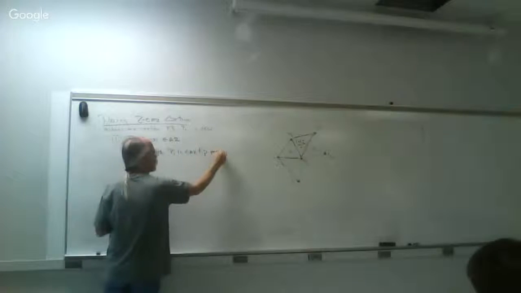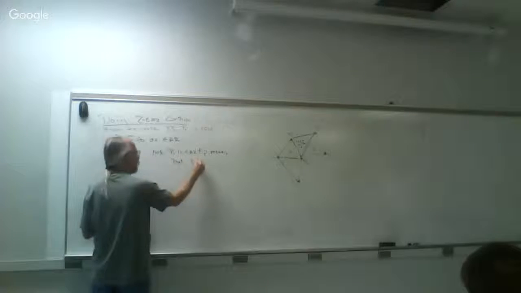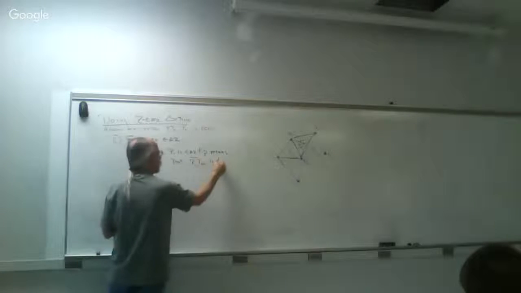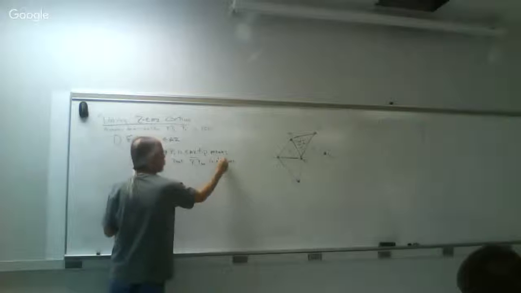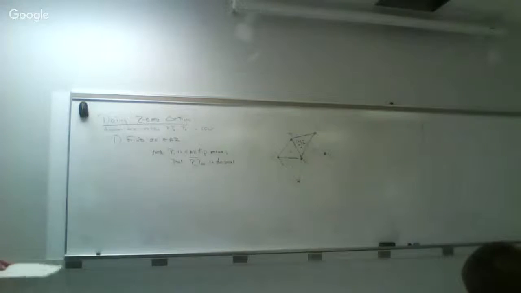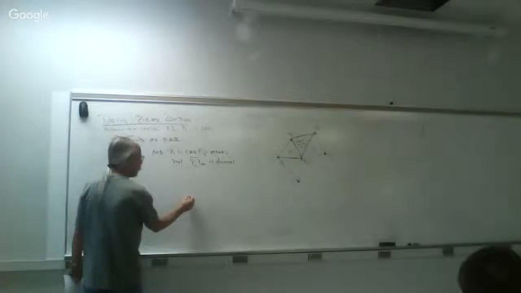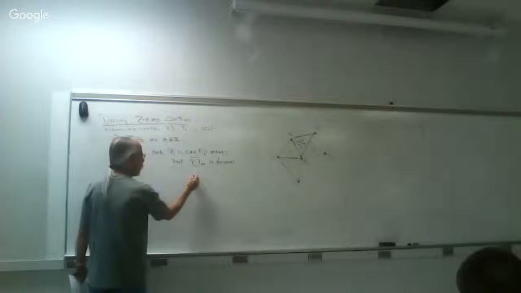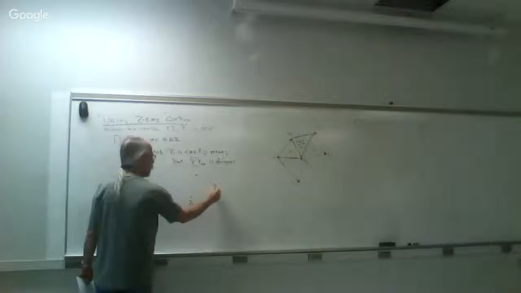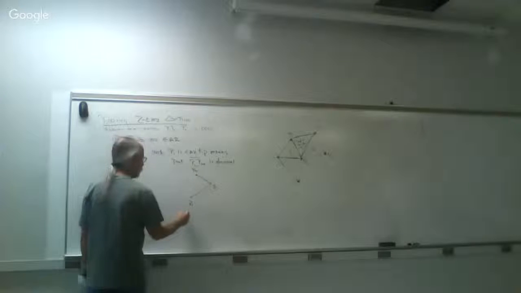It means that Pi-1, Pi+1 is a diagonal, which means that there's no sort of incursion. If we're going counterclockwise, so this would be Pi-1, Pi, and Pi+1, that means that we've got a left turn here.